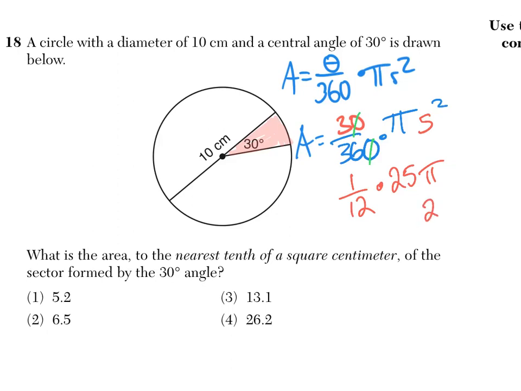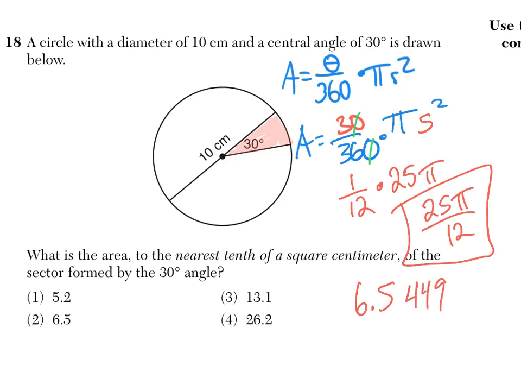And so now we've got 25 pi over 12. When we pop that into our handy dandy calculator, we're going to get 6.54498, and we're rounding it to the nearest tenth of a square centimeter. The correct answer then, of course, is choice 2, 6.5.